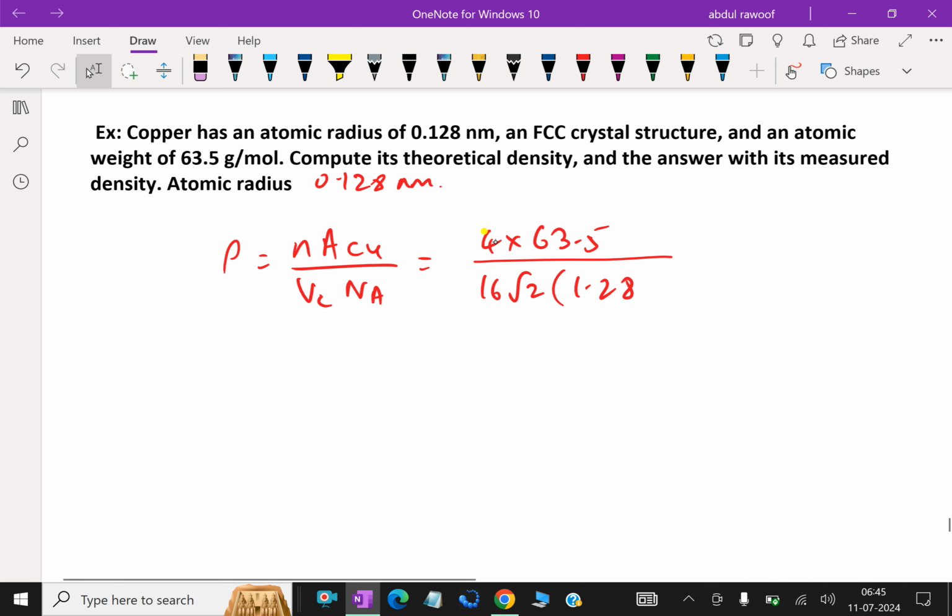That nanometer is converted into centimeter, which is 10 to the power minus 8.